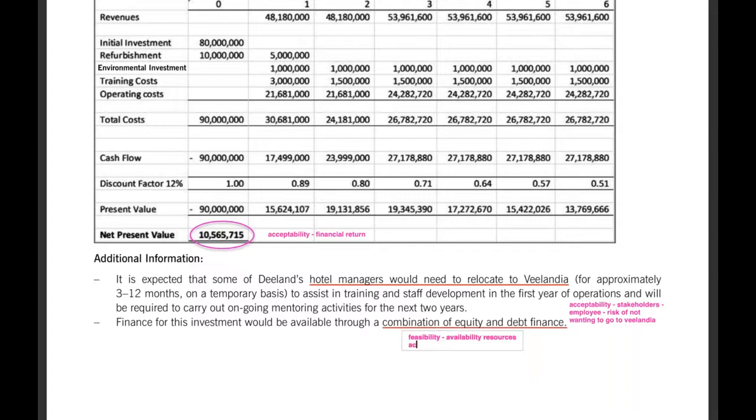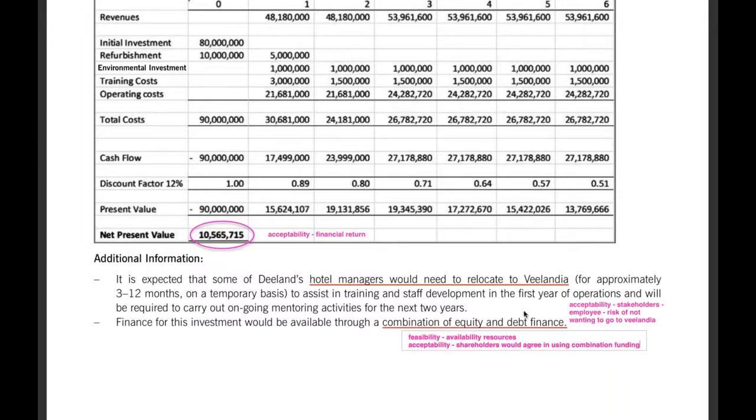But if you want to use it for acceptability, you may want to talk about whether shareholders would agree to using a combination of funding.